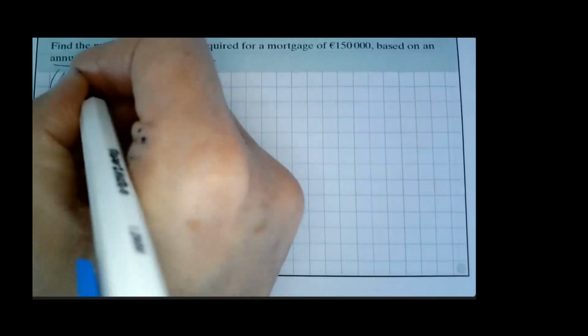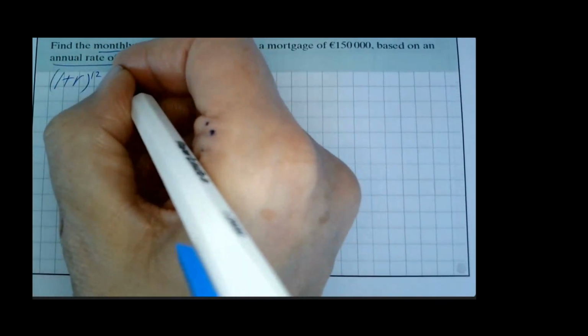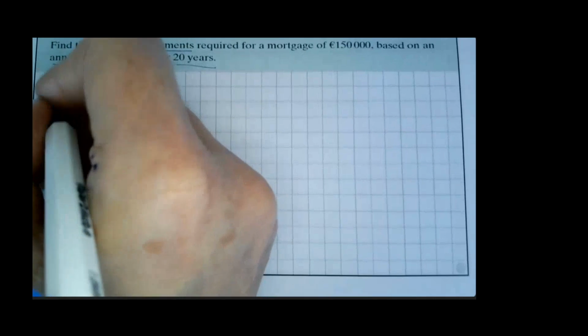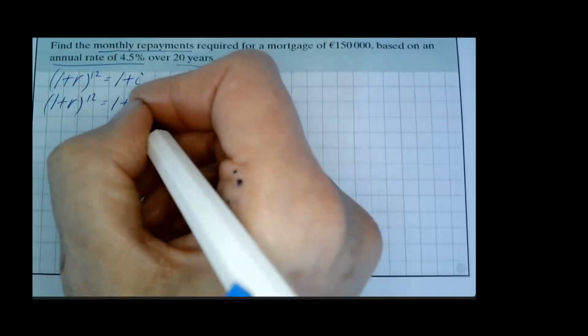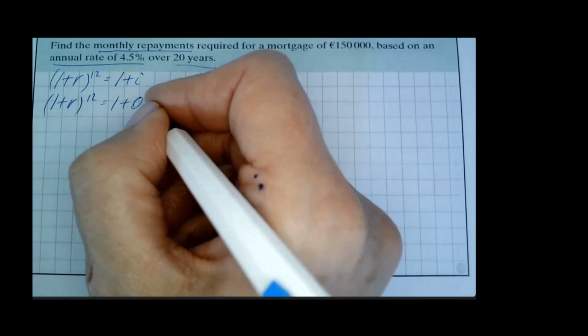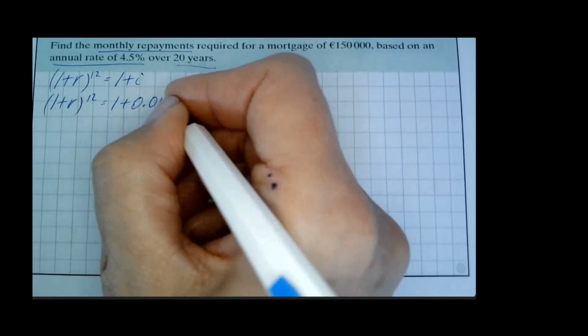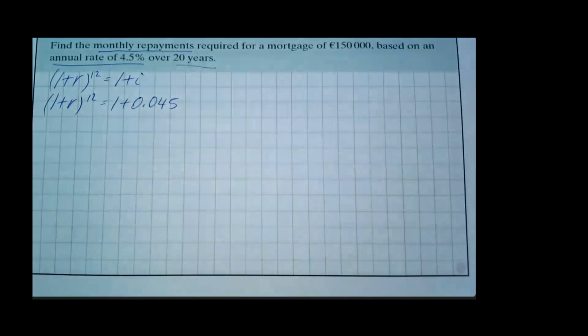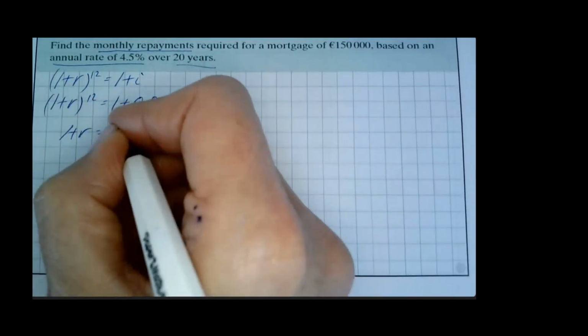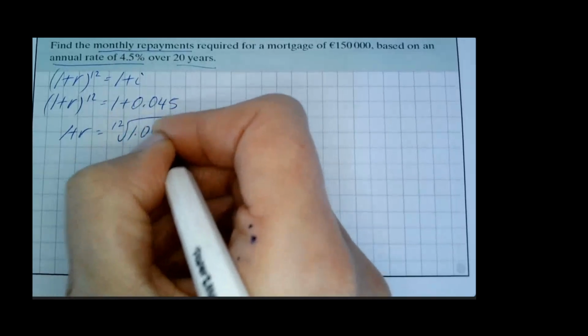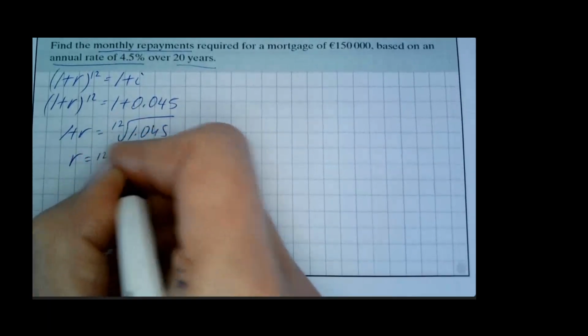So to change to get a monthly rate, remember it's 1 plus r to the power of 12 has got to equal the 1 plus I, and that of course is going to be equal to 1 plus the decimal form of 4.5, which is 0.045 divided by 100. And of course now let's get the 12th root of that and then subtract 1.